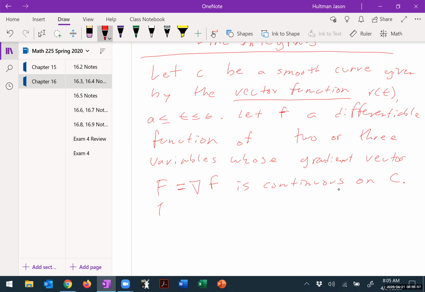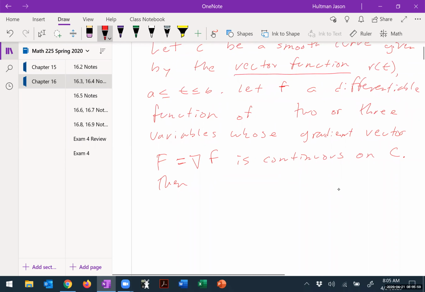Then the line integral of F dot dr is equal to the line integral of the gradient of f dot dr, which is then equal to f of r of b minus f of r of a.